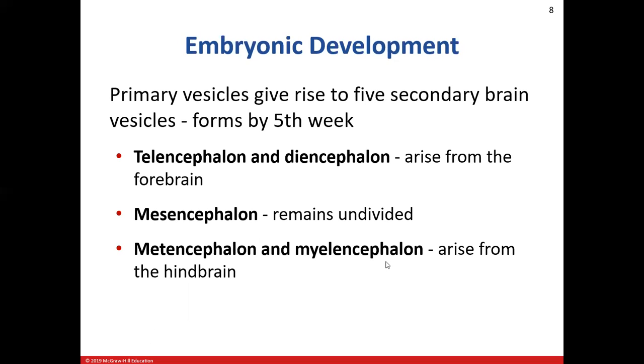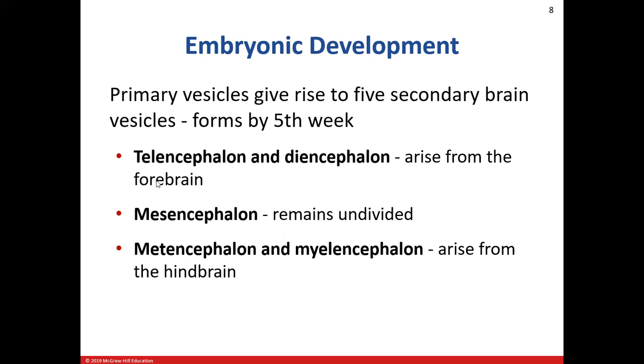Now, we have our primary brain vesicles, those three that we just talked about. But from those three primary vesicles, we now develop five secondary brain vesicles. And these five secondary brain vesicles develop by about the fifth week. So it takes about a week or so for our secondary vesicles to develop.